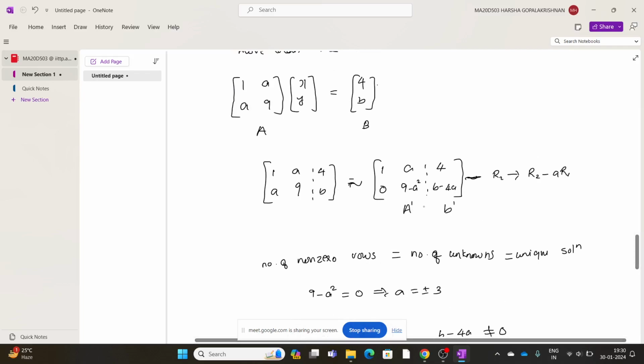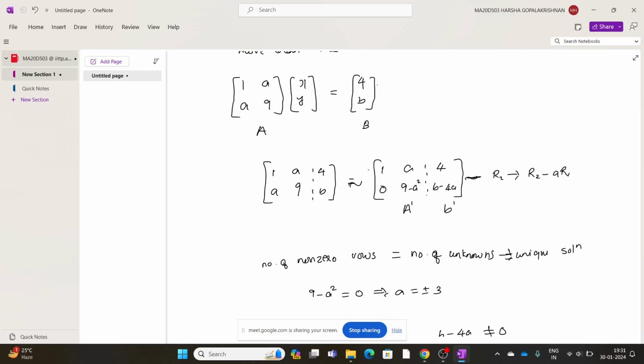Now our condition to have a unique solution is that the number of non-zero rows should be equal to the number of unknowns. Here the number of unknowns is 2, correct? x and y. So the number of non-zero rows should be equal to 2. Then only we will have a unique solution.